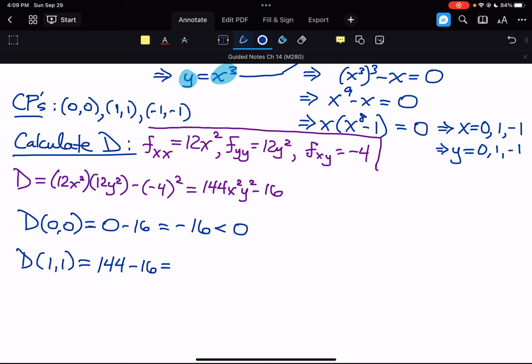Minus 16 is going to be 128, which it doesn't even really matter what the number is. All that really matters is whether it's positive or negative. And then D of negative 1, negative 1. We get, they're both squared, so it ends up being, again, 144 minus 16, which is 128. So that's positive.